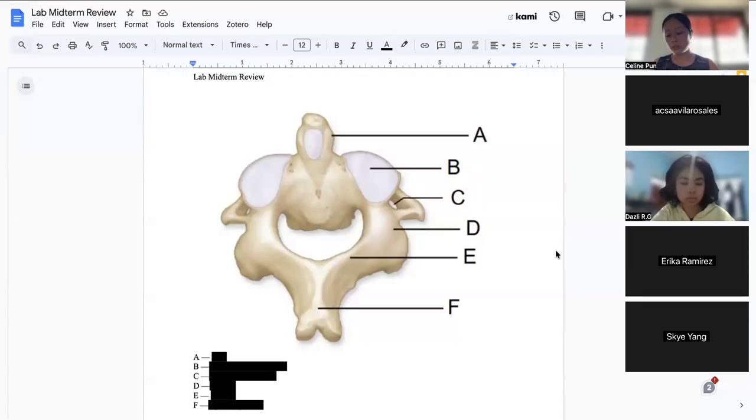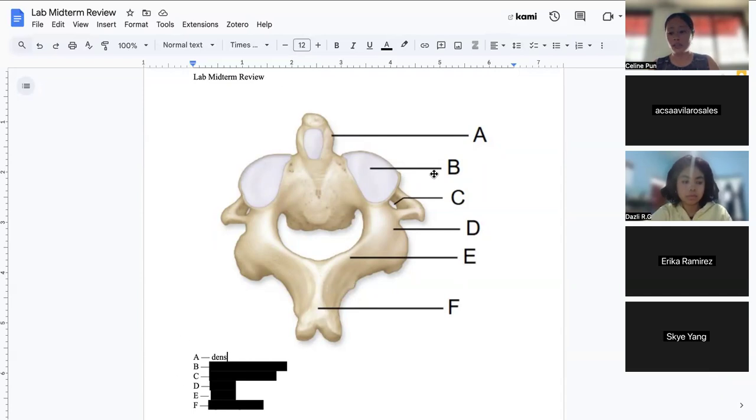This is not your spinous process. Yeah, it's your dens. So this specific vertebrae, there's only one of it in your body. And this top part is called the dens. And this vertebrae is C2.